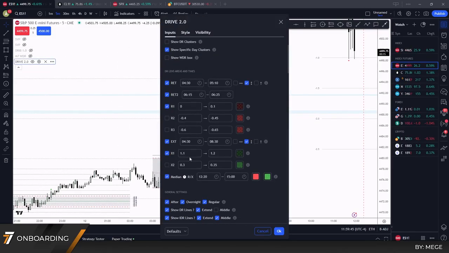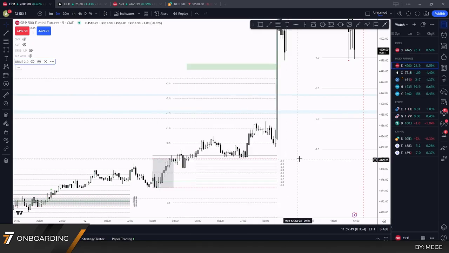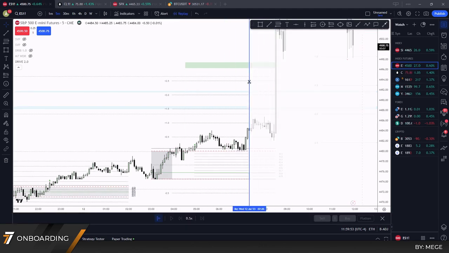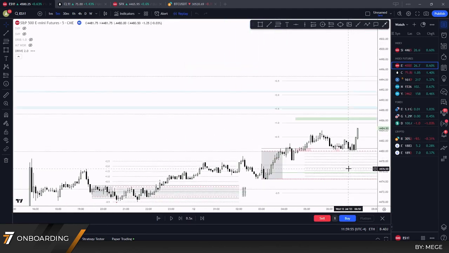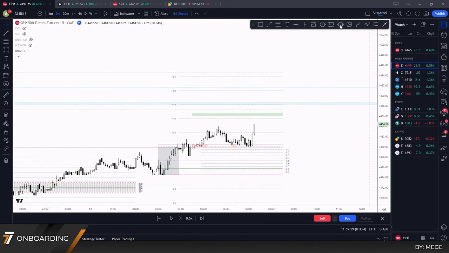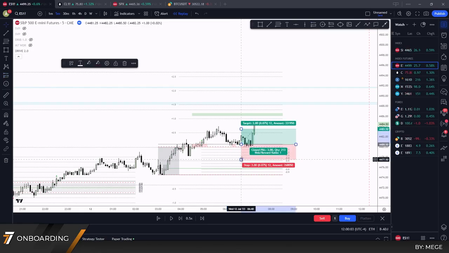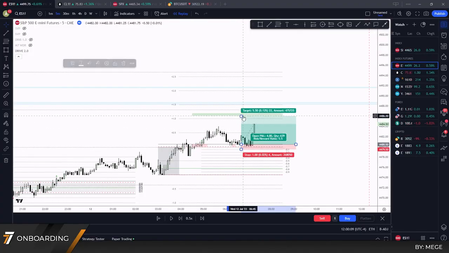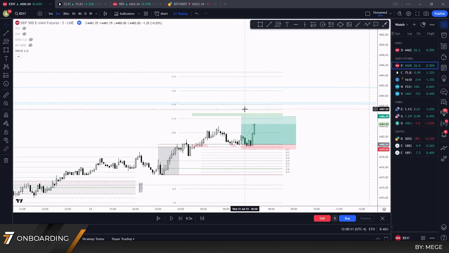I need to go back to replay mode. There you go, the target would be here. Let's say you take the trade on the DR line, put your stop 2 ticks below the IDR. Target here, still a 5.5 hour trade.